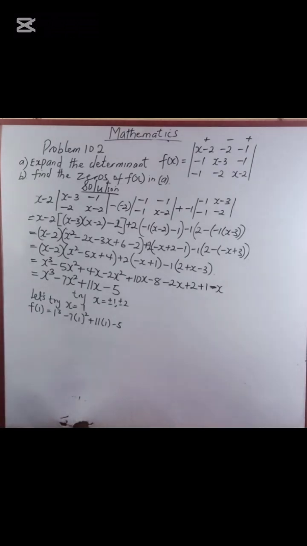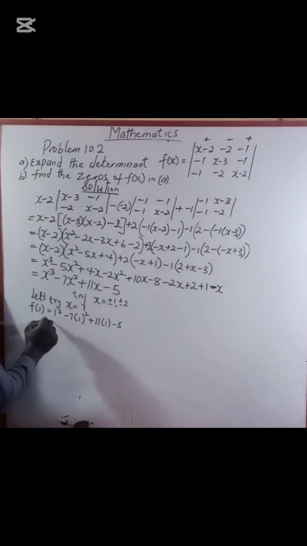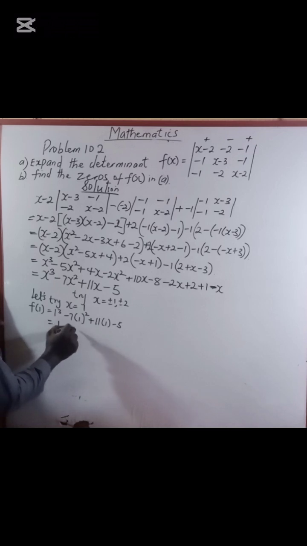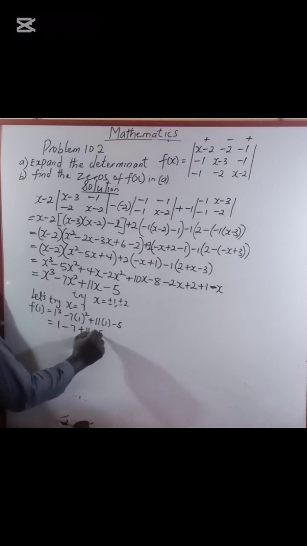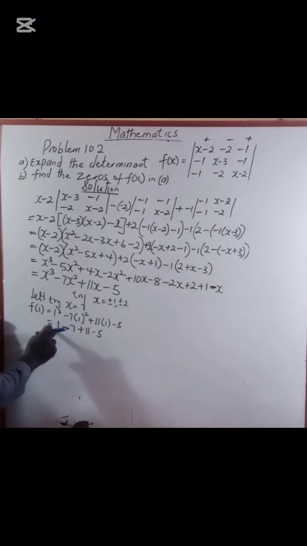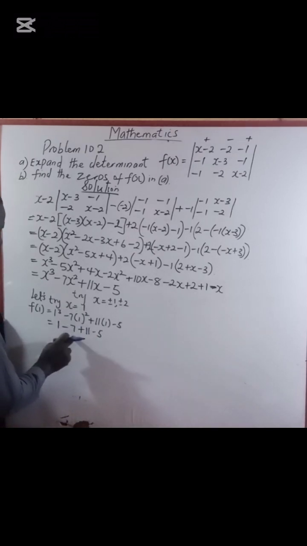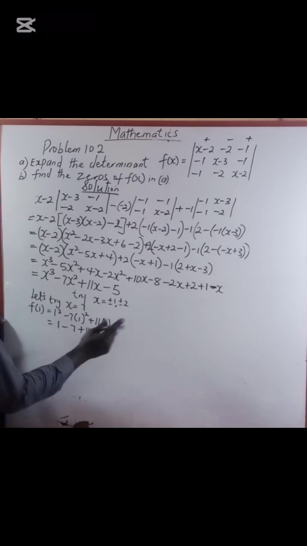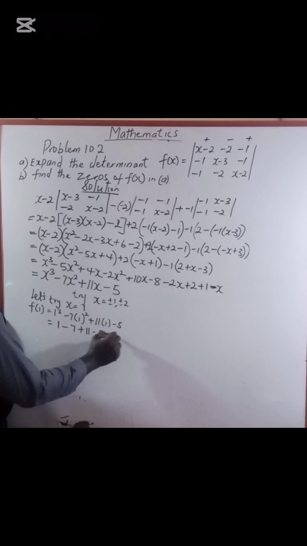So let's see what it will give to us. We have 1 minus 7, plus 11 minus 5. So 1 minus 7 gives minus 6, and minus 6 plus 11 minus 5 gives 0. So f of 1 equals 0.